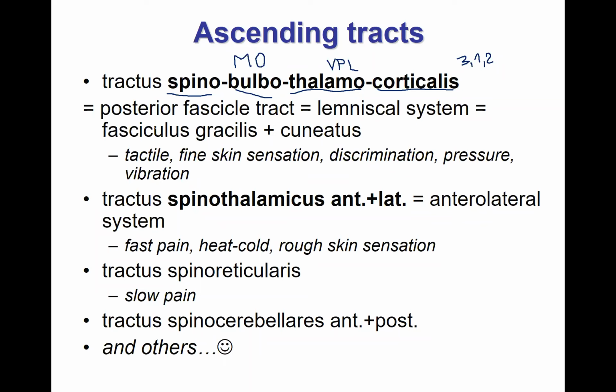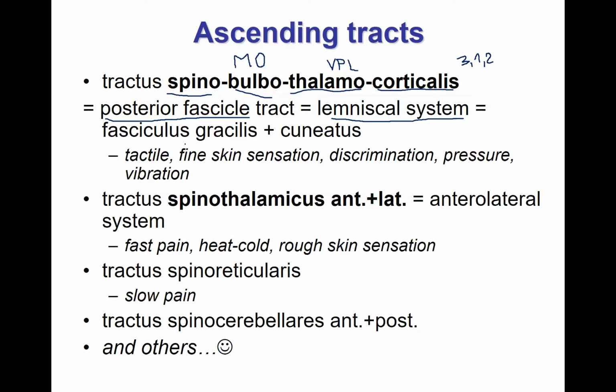This tract runs within the posterior funiculus. So it should be called the posterior funicular tract, but you can find the name posterior fascicle tract as well. You can find another name, which is called the lemniscal system. Why lemniscus, I will explain in the next lecture.